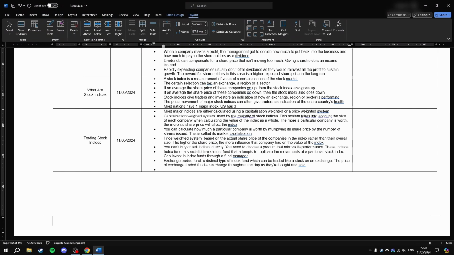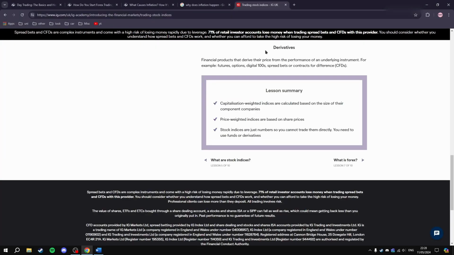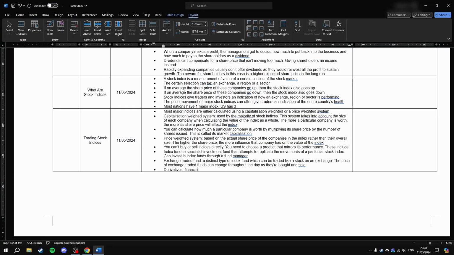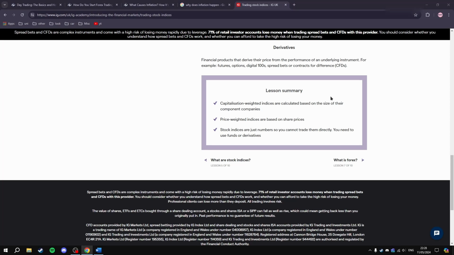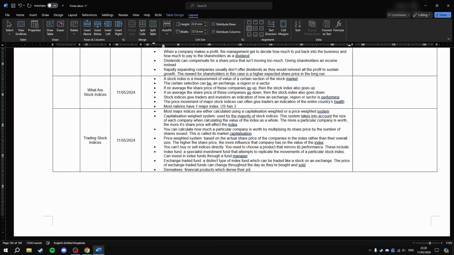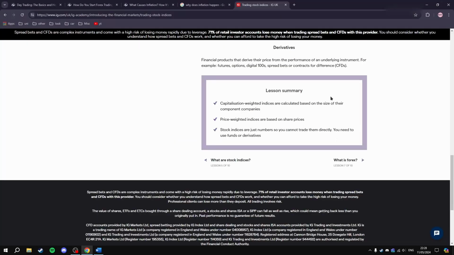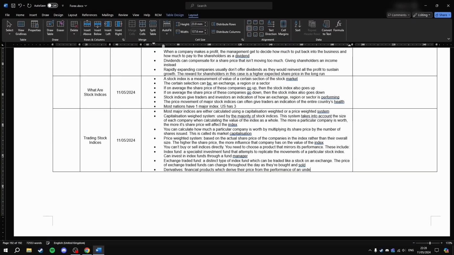Derivatives. Financial products that derive their price from the performance of an underlying instrument.